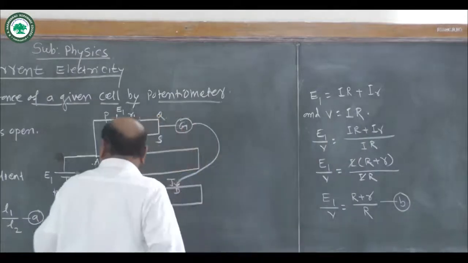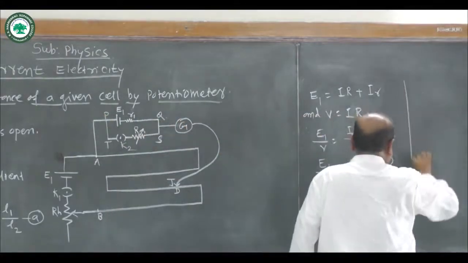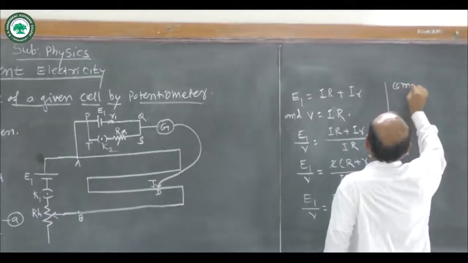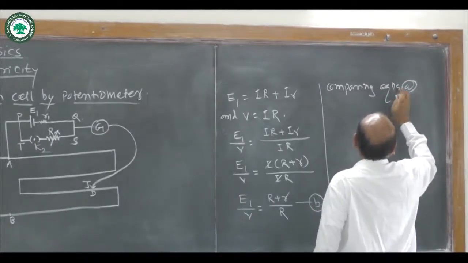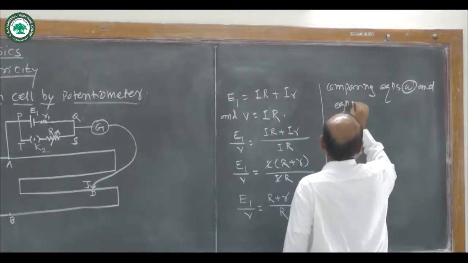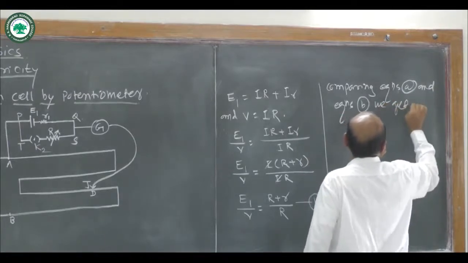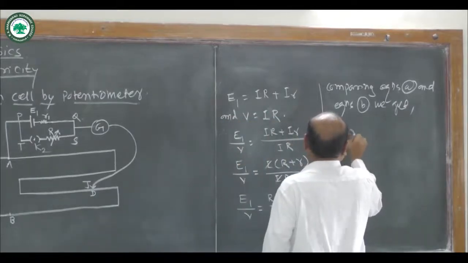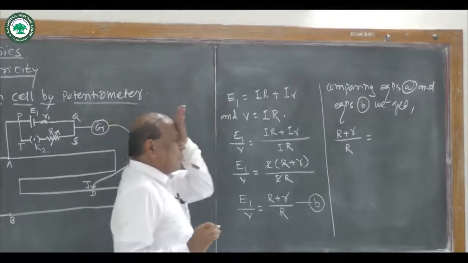From equations A and B, comparing these two equations, we get R plus r divided by R is equal to L1 by L2.